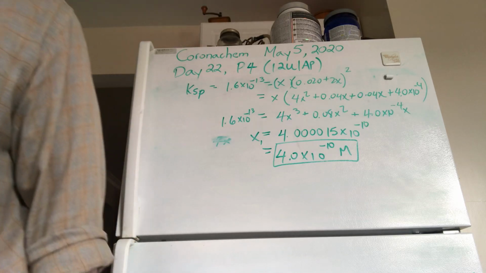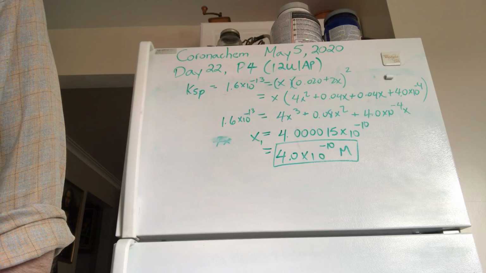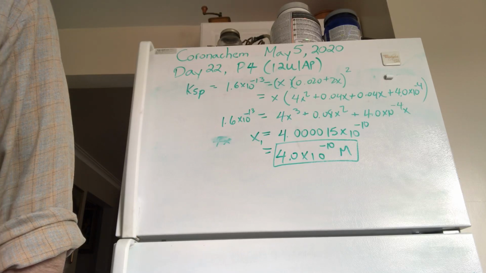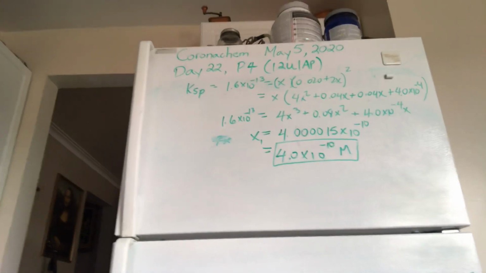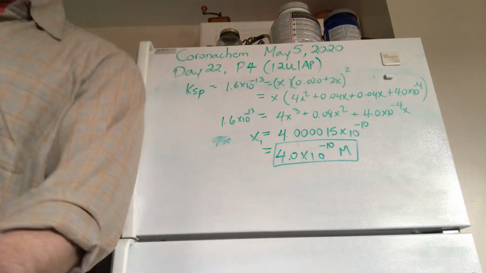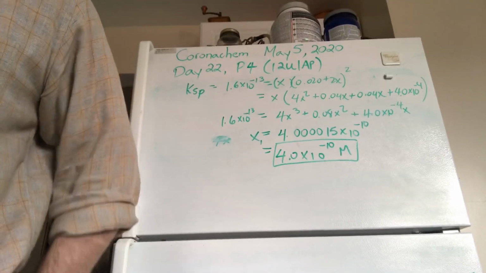The other one is to set it up as though it were a buffer system. Let me see how I did it, just before I give you bad advice. 1741. It's actually a pretty long question. 1741 covers several pages. It's one problem, but it covers several pages to solve.